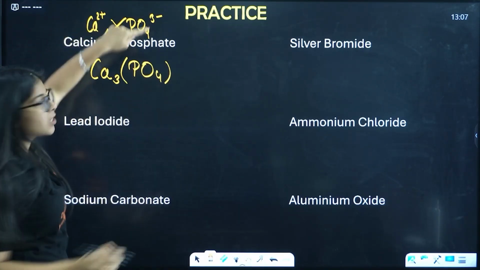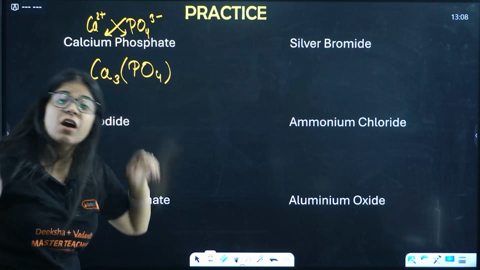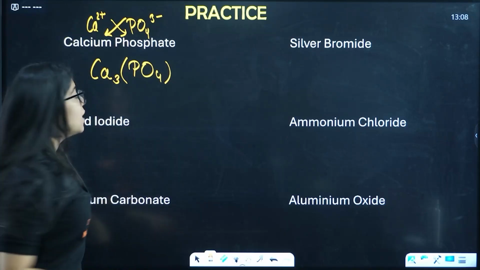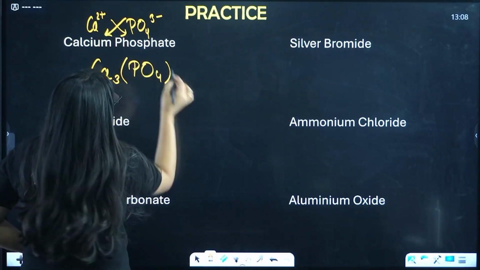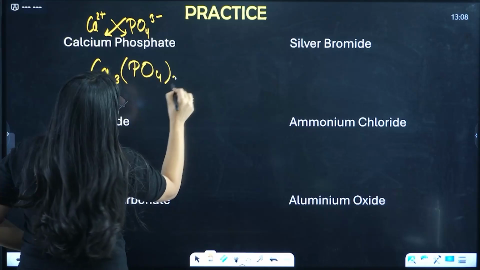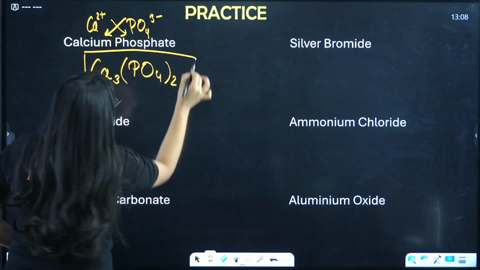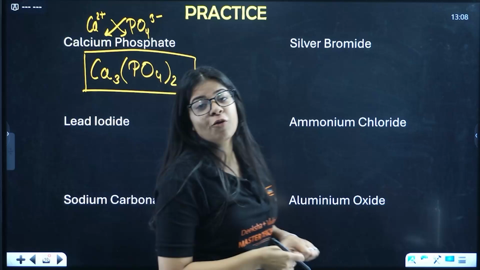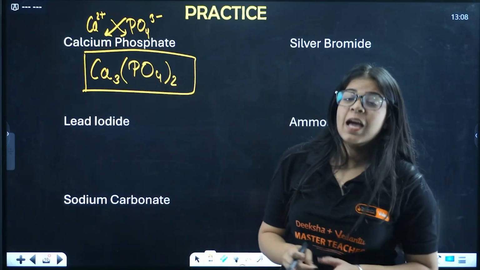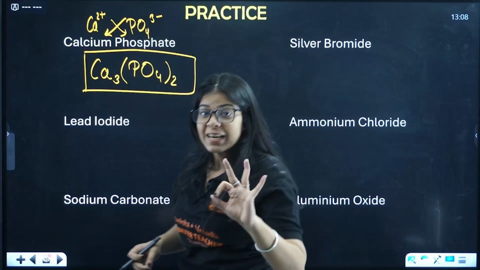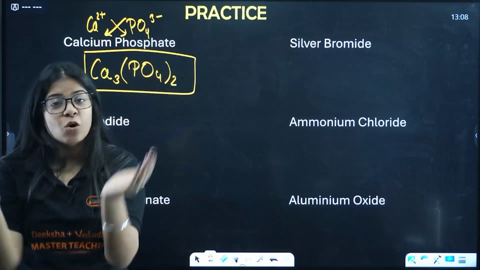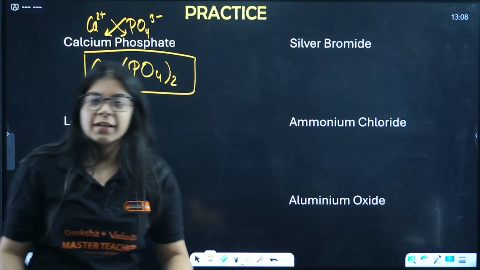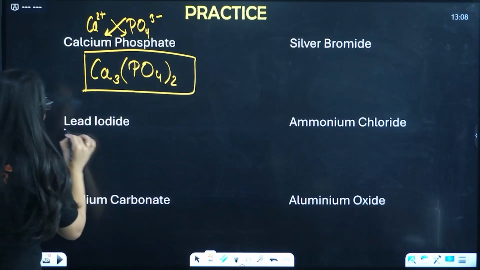We won't touch this 4, because it's in the foot of O. So this is simply PO₄ in a whole bracket with 2. Calcium phosphate: Ca₃(PO₄)₂. When you say twice, it means there is a whole bracket on PO₄. Done?